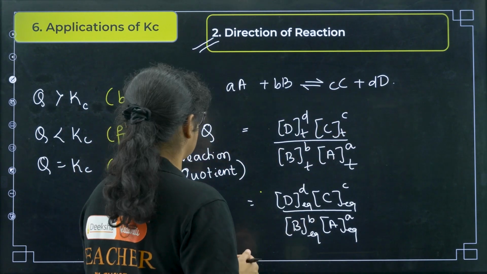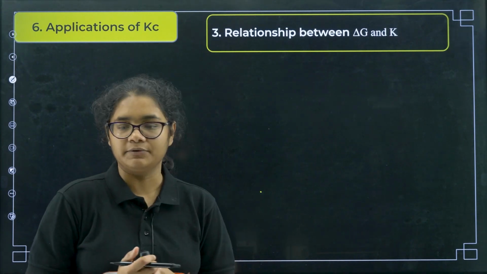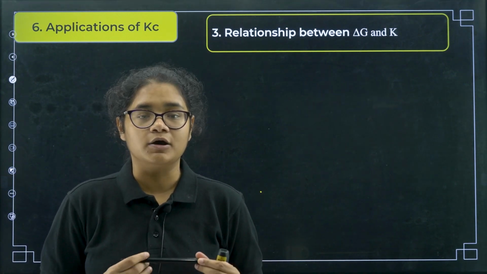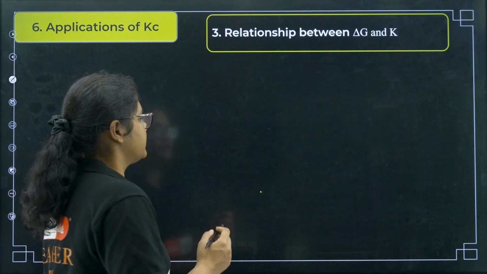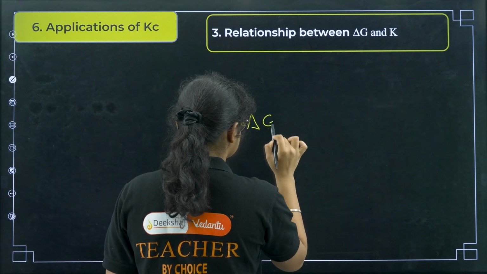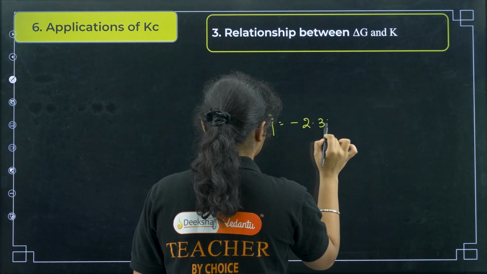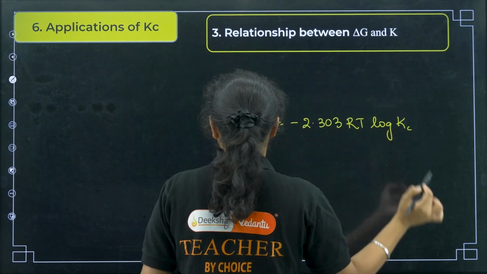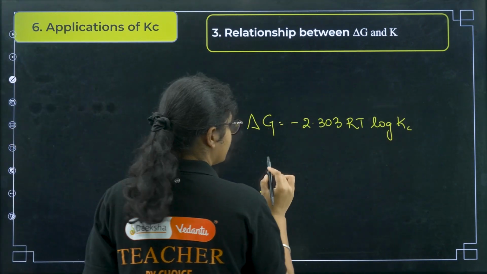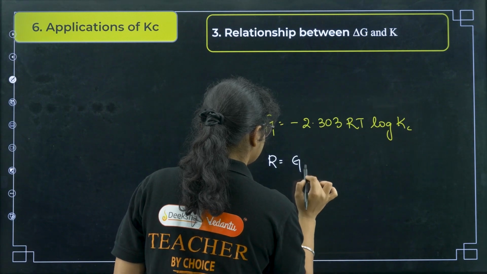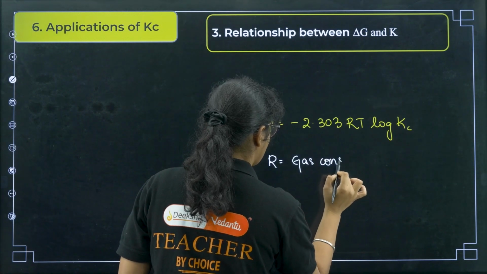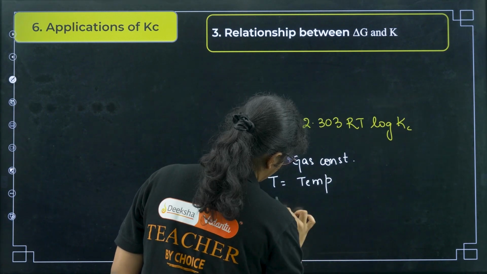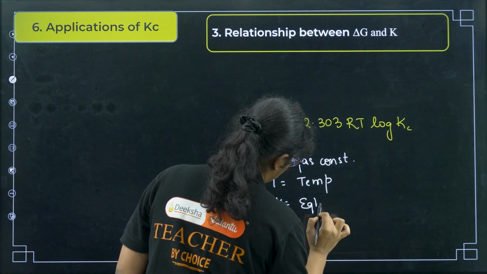Next, coming to the third one, that is the relationship between delta G and K. So delta G is nothing but your Gibbs free energy. So what is the relation here? Write down this formula: delta G is equal to minus 2.303 RT log of K, where R is the gas constant, T is temperature, and K value is the equilibrium constant.